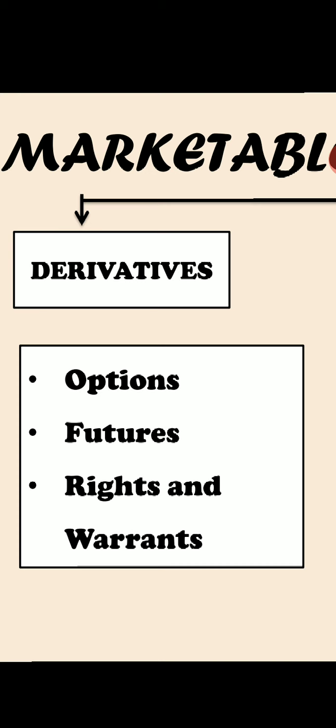So now, relating that with the warrant, what does it state? See, since it is under derivatives, of course, it is a relatively long-term option to purchase the common stock at a specified strike or exercise price, over a specific period of time.